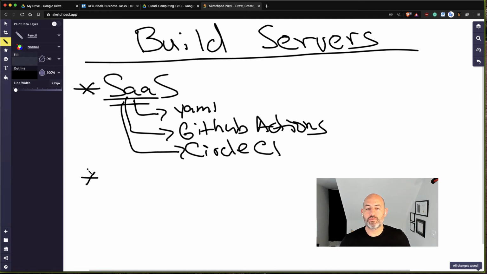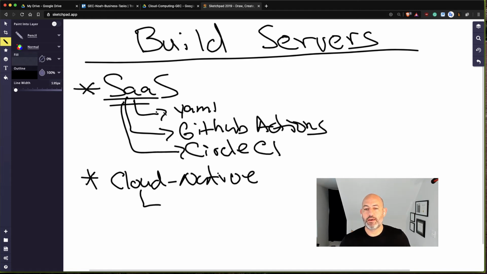There's also cloud native build servers, which have some relationship with SaaS, and they may have some of these similar things here. But one of the interesting things about the cloud native build servers is that they're often coming from the cloud vendor themselves. A good example would be AWS has CodePipeline.